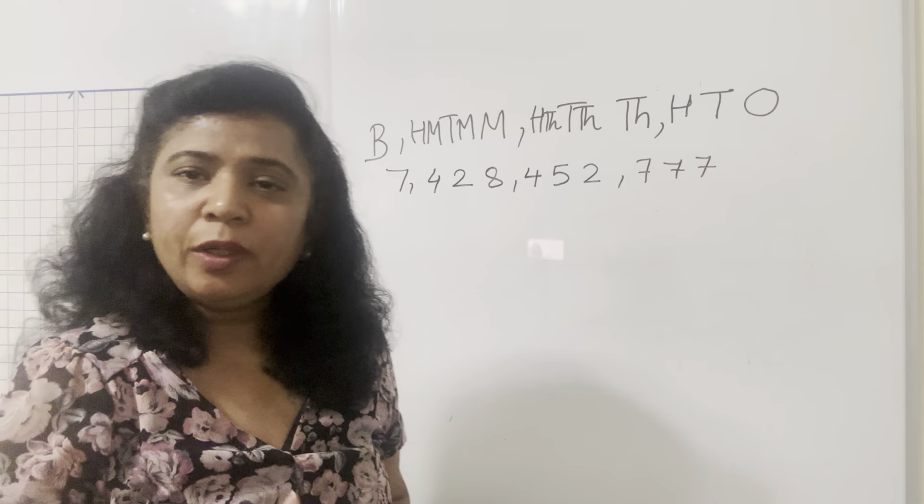So expanded form, 7 multiplied by 1 billion. So 1 comma, how many zeros? You have 9 zeros. 1 billion has 9 zeros after 1. Okay, so total it's a 10-digit number, but 1 followed by 9 zeros, that makes 1 billion.